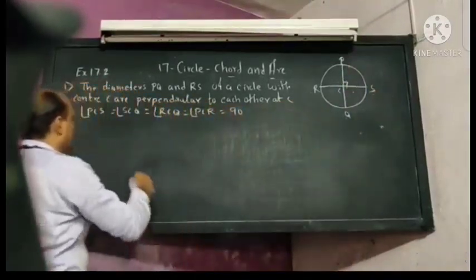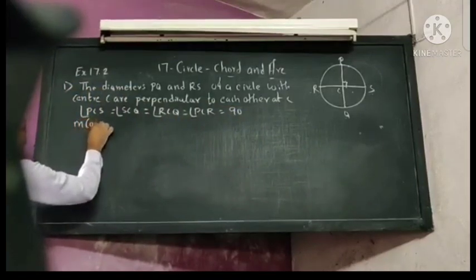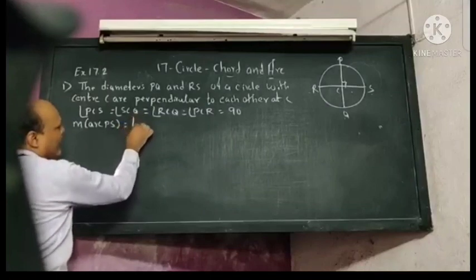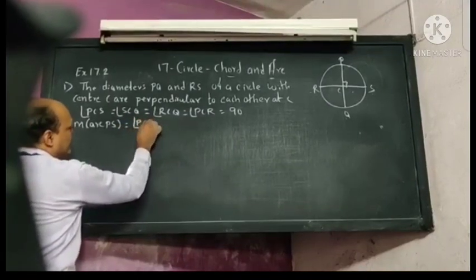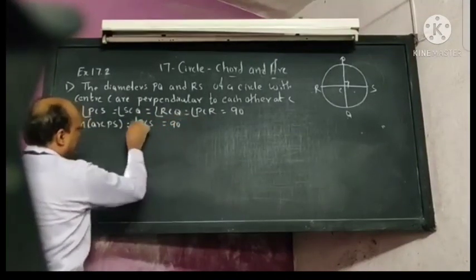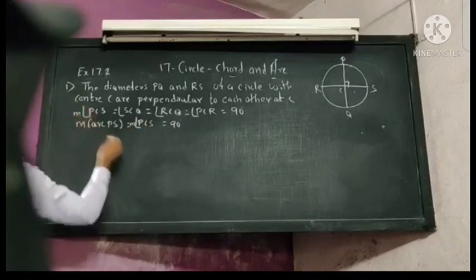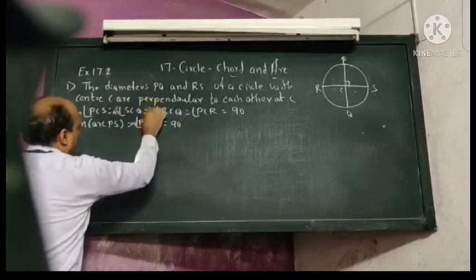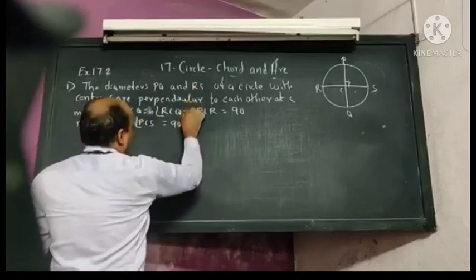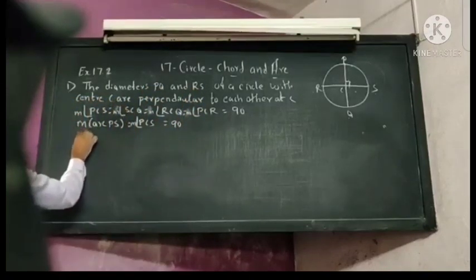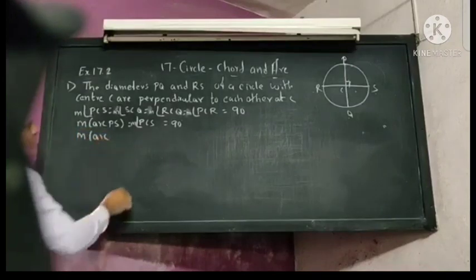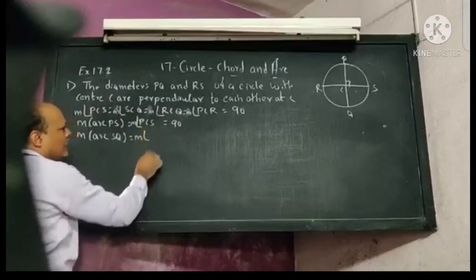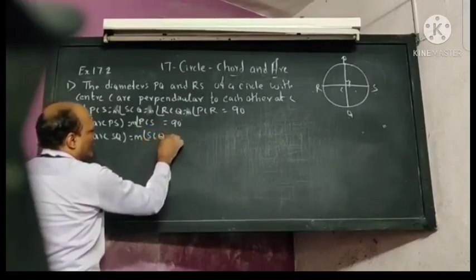That means measure of arc PS will be equal to angle PCS, which is 90 degrees. Second one is measure of arc SQ is equal to measure angle SCQ. That is also 90 degrees.